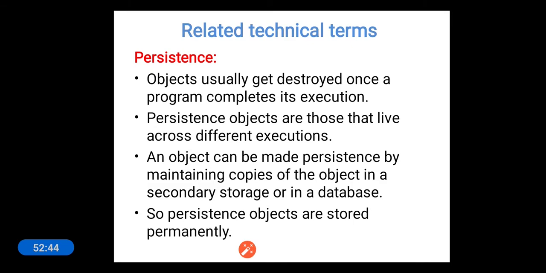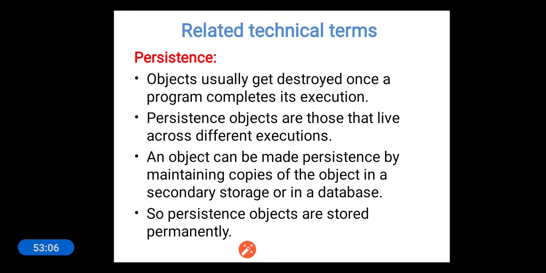Next comes related technical terms of object oriented concepts. The first one is persistence. Persistence is nothing but the existence of an object. Objects usually get destroyed once the program completes its execution. The persistent objects are those that live across different executions.